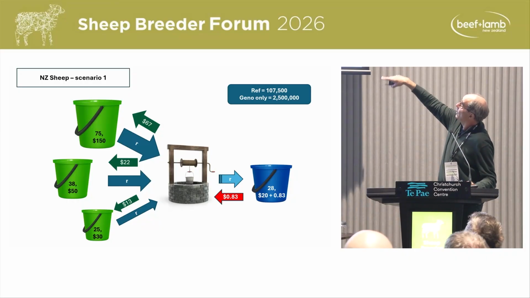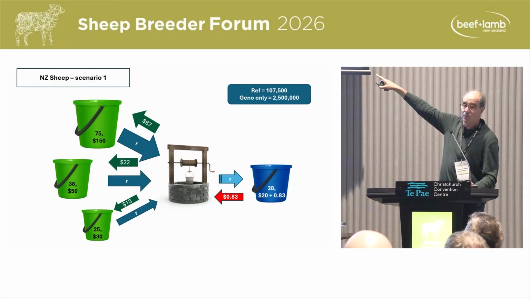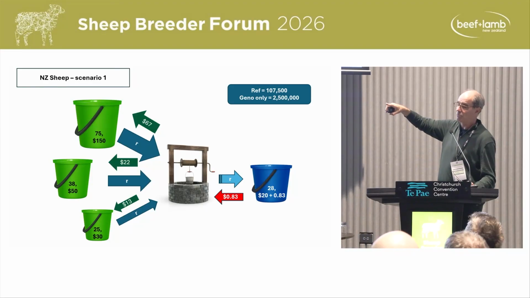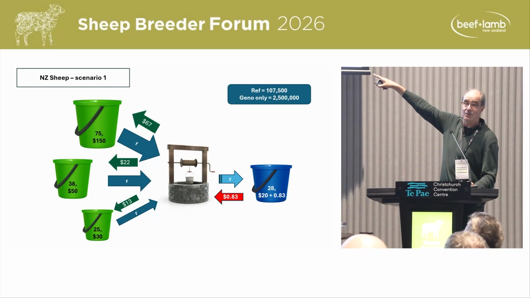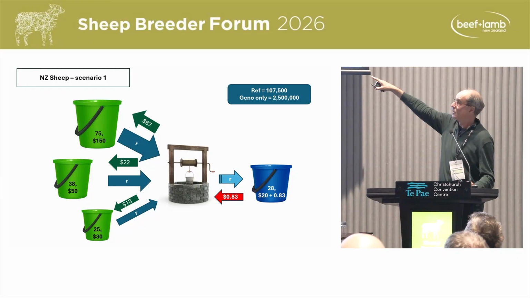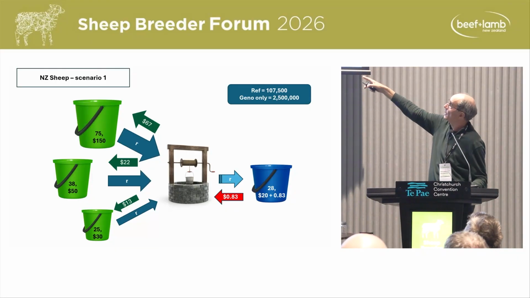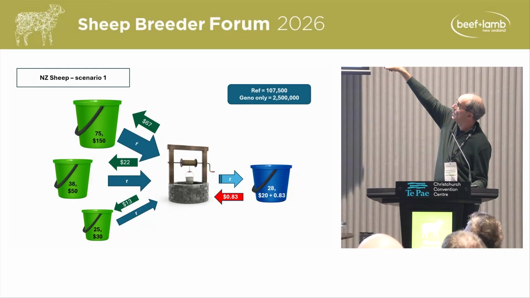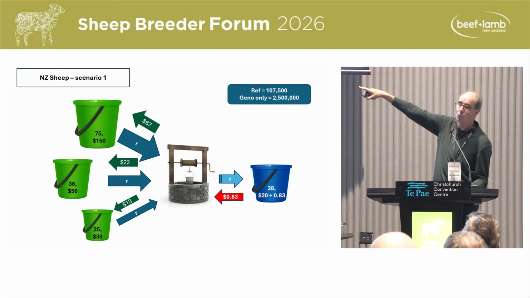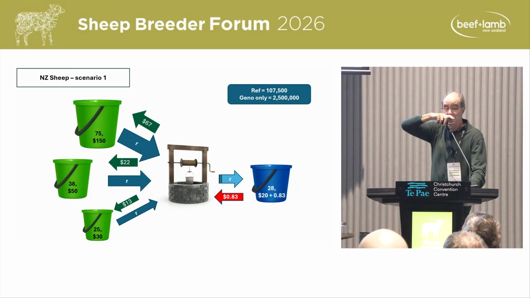But in this situation, given those accuracies and costs and so forth, to ensure equal return on investment for everybody, we would need to impose a levy of 83 cents per genotype on the blue bucket, and we contribute back to the green buckets either $67 per animal or $22 or $13 per animal, depending on which bucket it is.